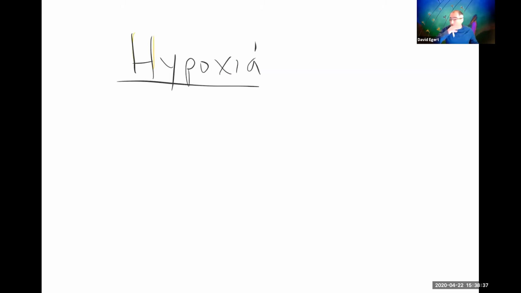This is worth bringing in because it connects to stuff we've talked about. One way you can have hypoxia is anemic hypoxia, where you have some problem and your blood doesn't have the ability to carry the oxygen. We talked about iron deficiency anemia, hemorrhagic anemia, or pernicious anemia.